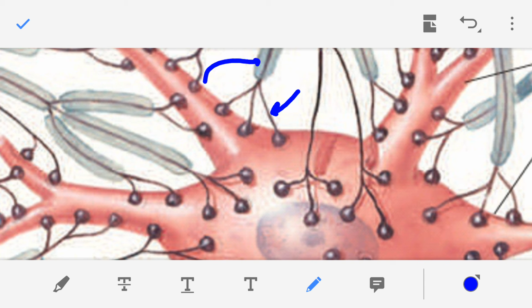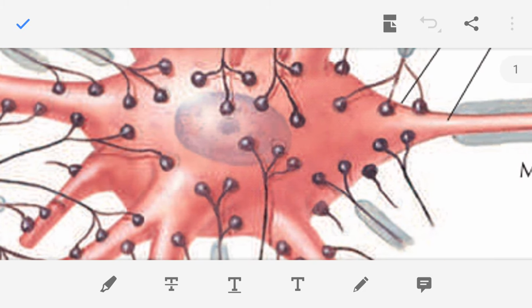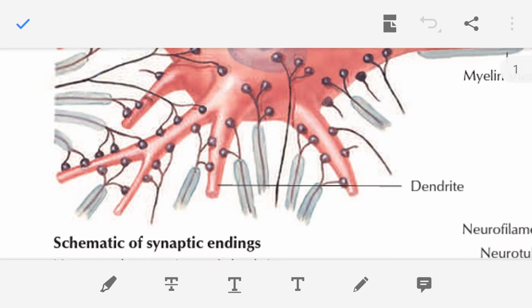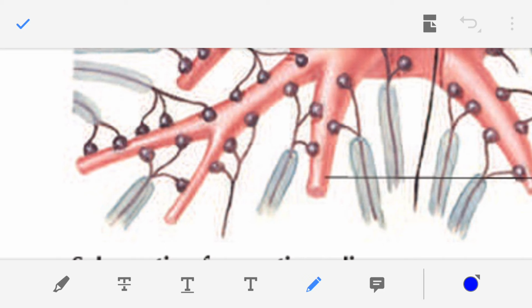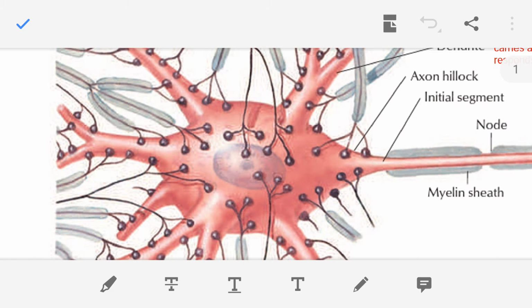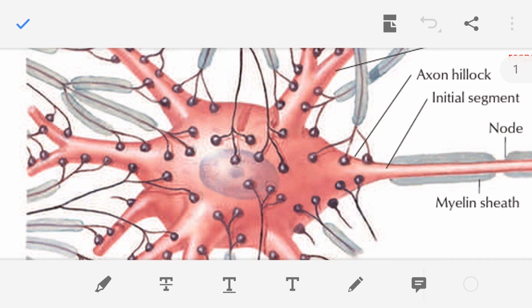This part is the axon, and these are the axon terminals, this 1 2 3, and these are the synaptic end bulbs. All these blackish dots are the synaptic end bulbs, and they are present on the dendrite. That means the synapse is formed on the dendrite. Synapses are also formed on the soma or the cell body.